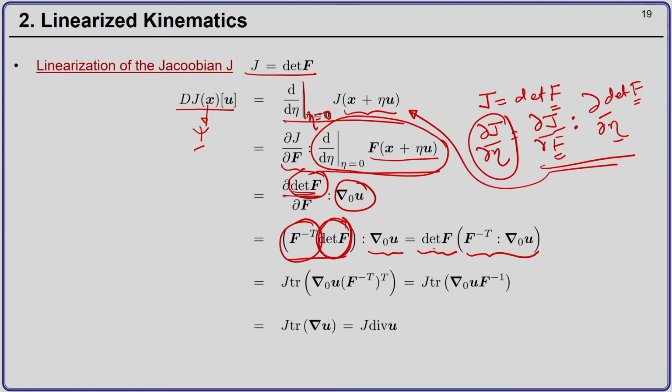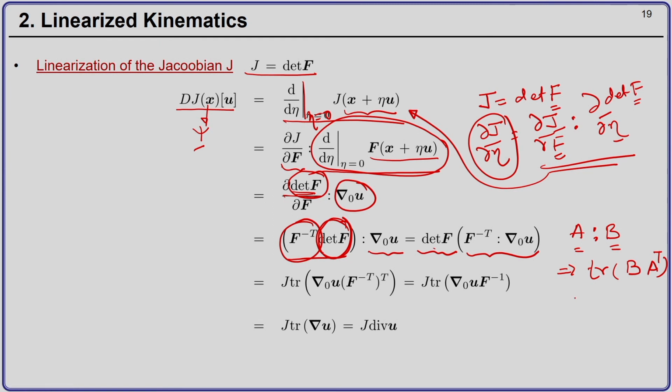Now, if you can recall the identity we discussed in our mathematical preliminaries, A double contraction B is B transpose A, or B into A transpose.